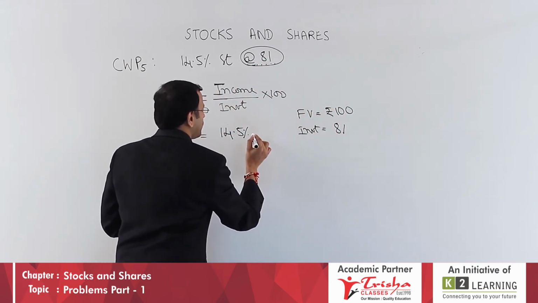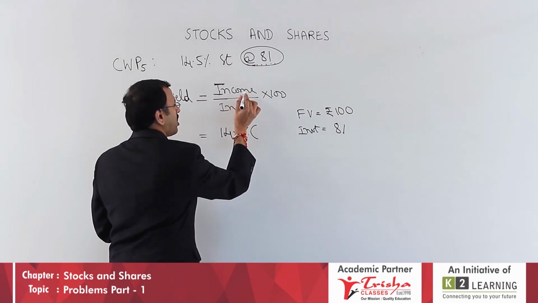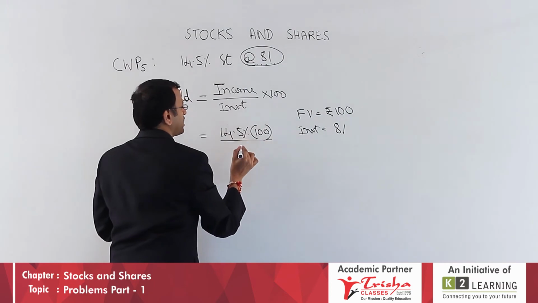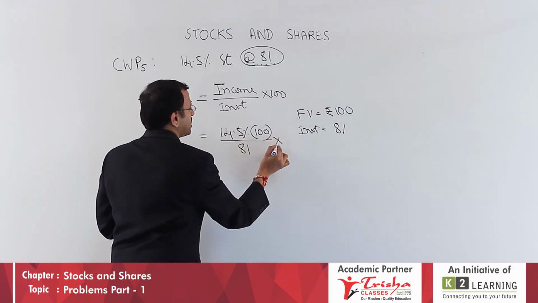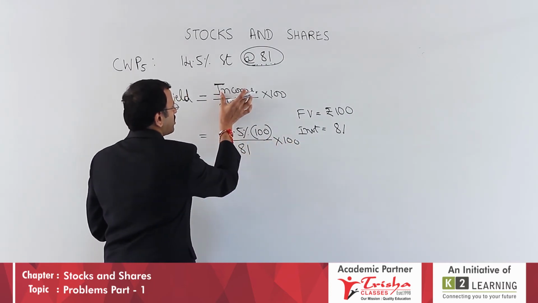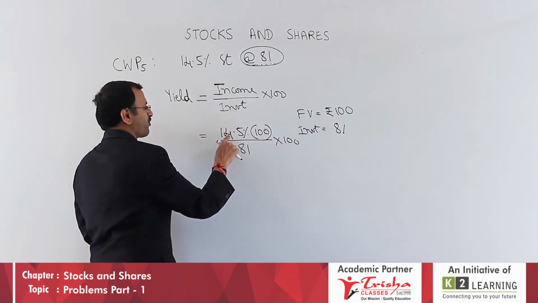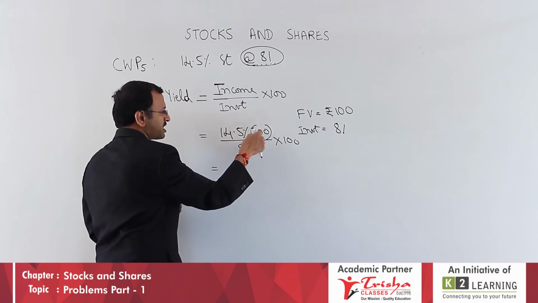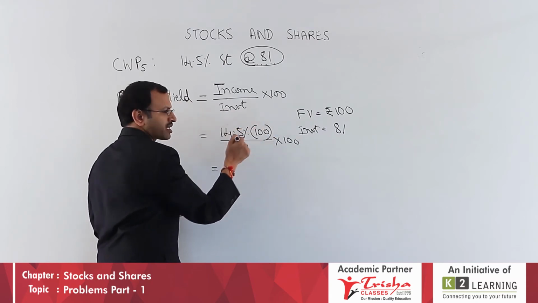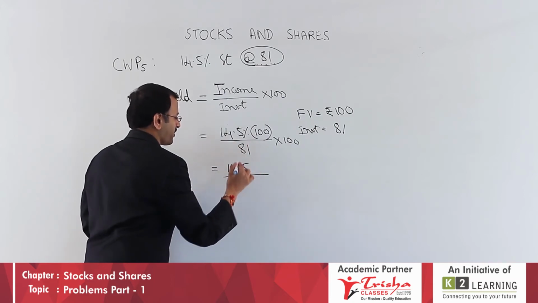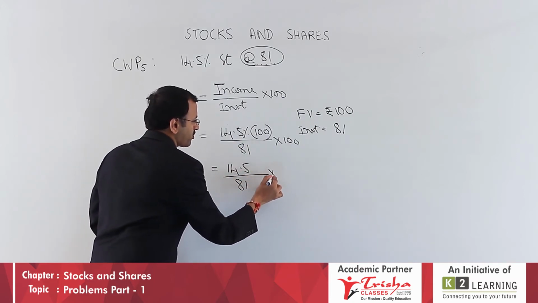What is the income? 14.5% on face value 100, divided by investment 81, into 100. So I worked out income 14.5% on 100. Use your calculator: any percentage in 100 divided by 100, 100 get cancelled. It is simply 14.5 by 81 into 100.